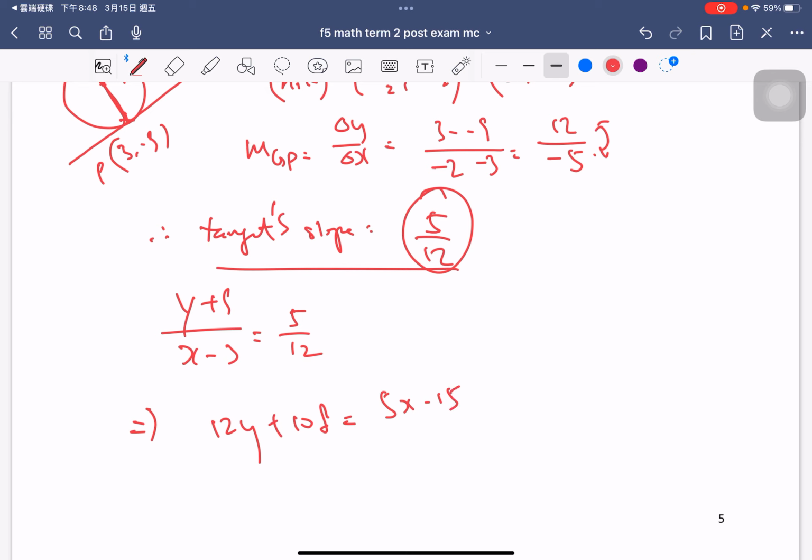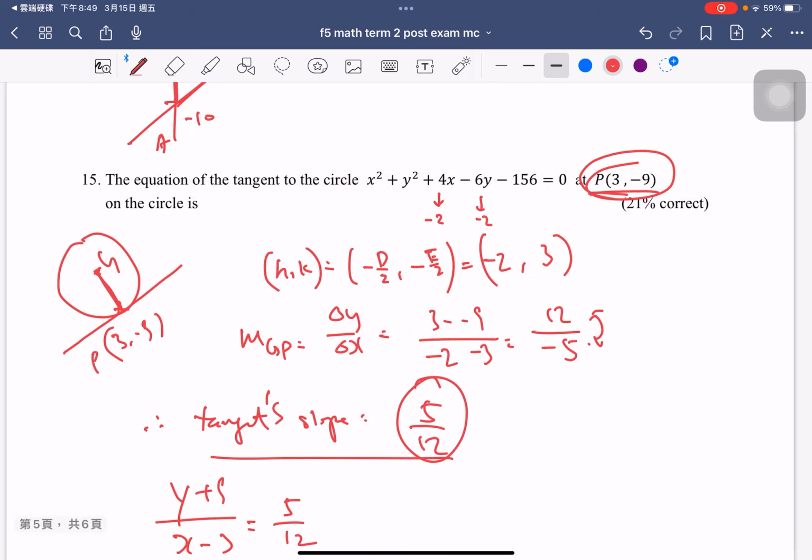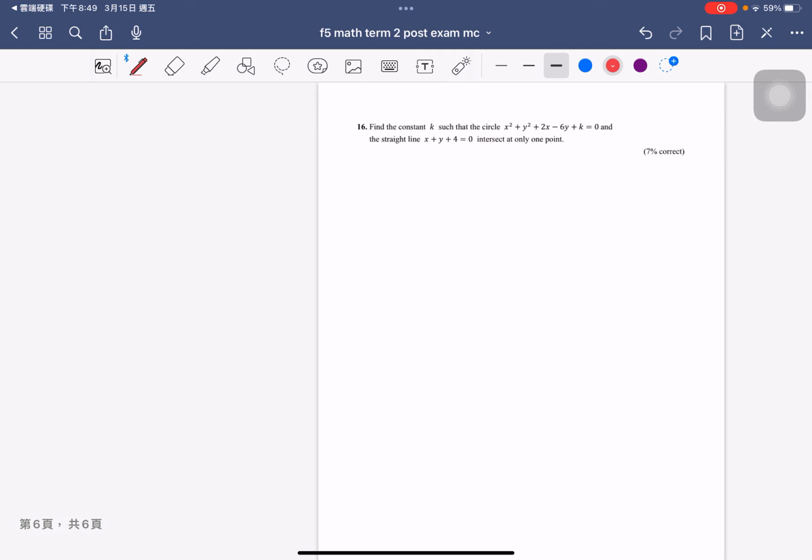Now I can leave all of them on the left hand side because they didn't require a center-radius form. Moving everything, it's going to be negative 5x plus 12y plus 123 equal to 0. Okay, so that's for question 15.